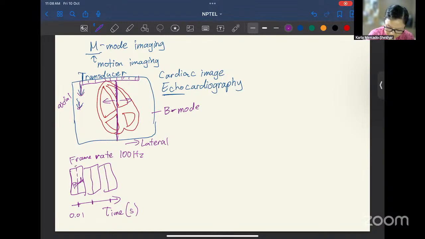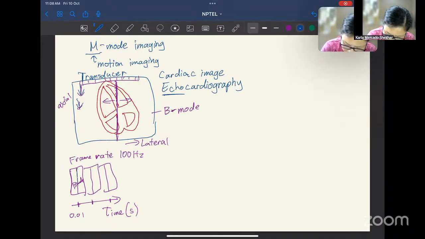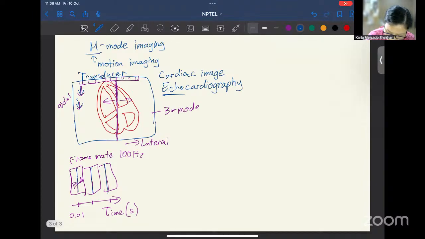We'll call these your M mode lines. Let me draw it to differentiate it from the rest. So this is your M mode lines now. You'll have a 3D data set, and your ultrasound system is processing this in real time.